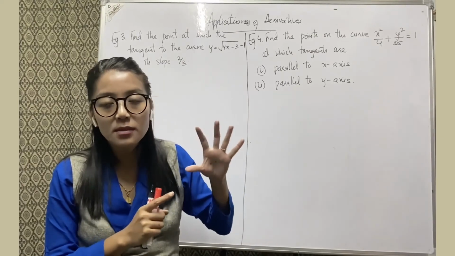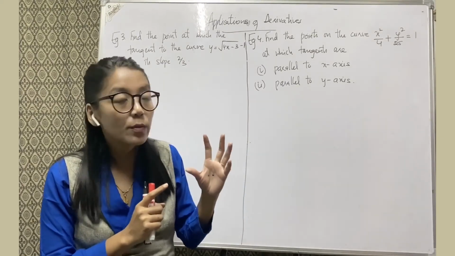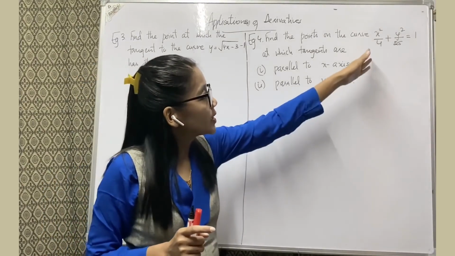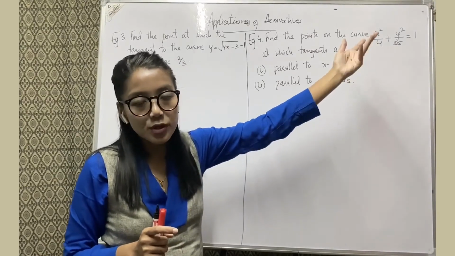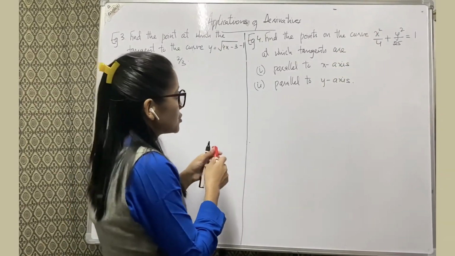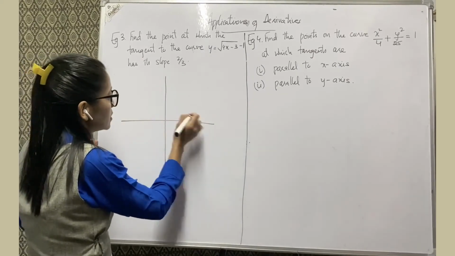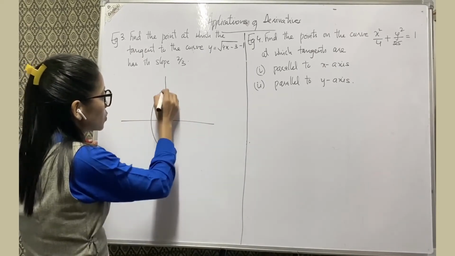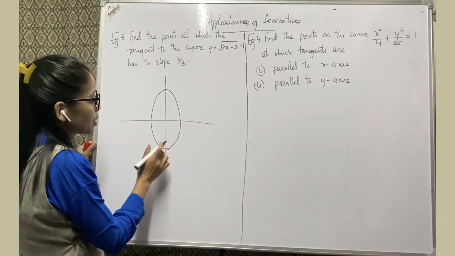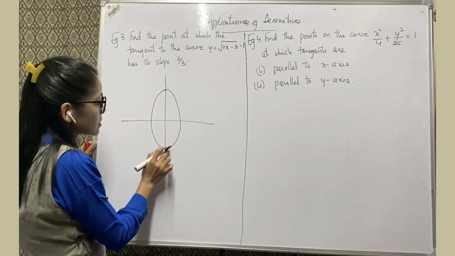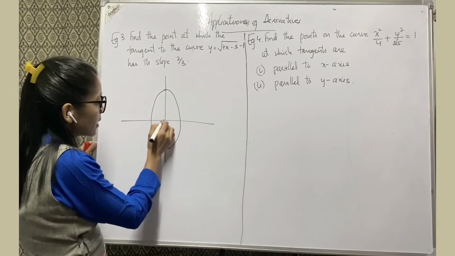These are very basic things you know. I hope every one of you can easily draw the graph of this ellipse. This represents a vertical ellipse, it's very clear from the equation, and the center is at the origin.